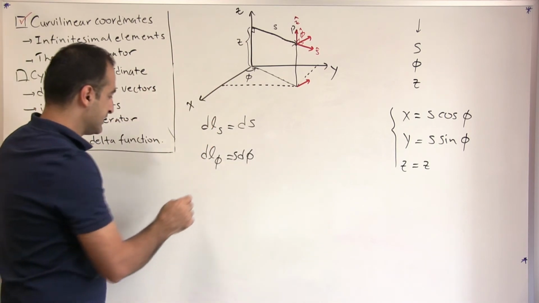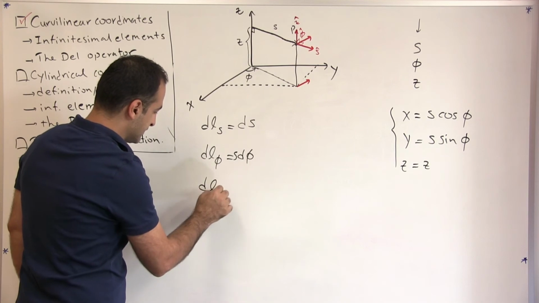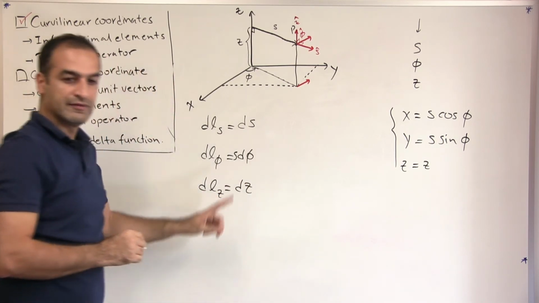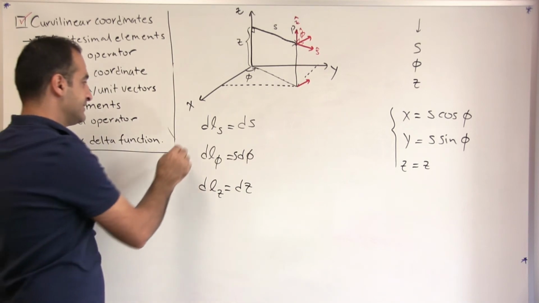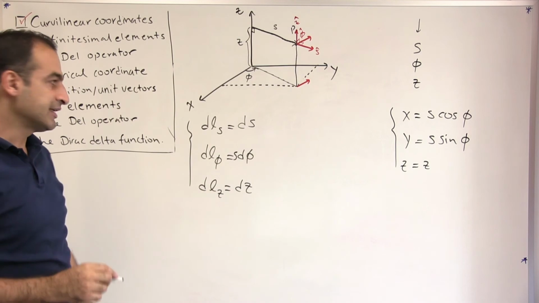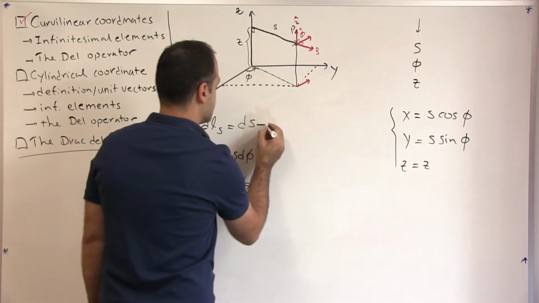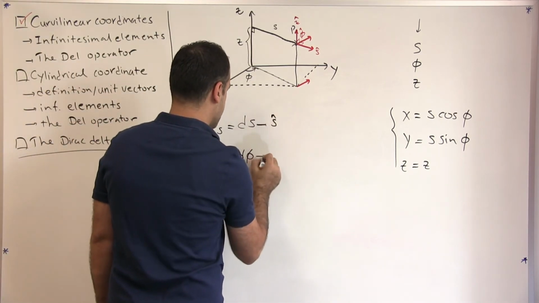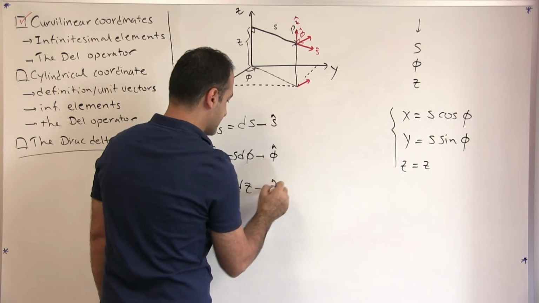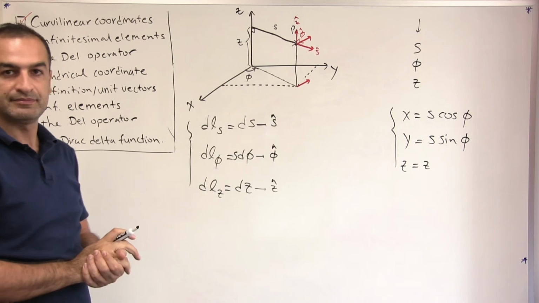And then the displacement in the z direction is going to be dz, very similar to Cartesian coordinates. So we have this set of displacements in each direction. Of course, ds is in the direction of s hat, s d phi is in the direction of phi hat, and dz is in the direction of z hat.